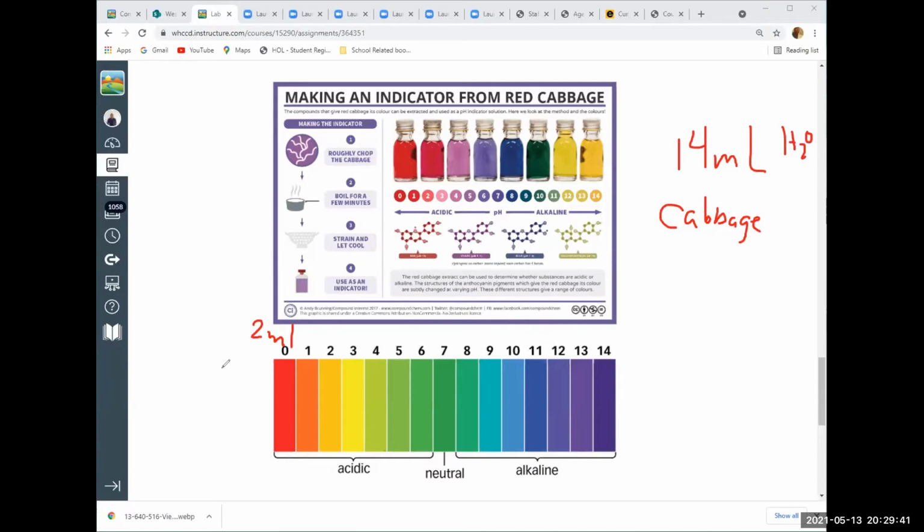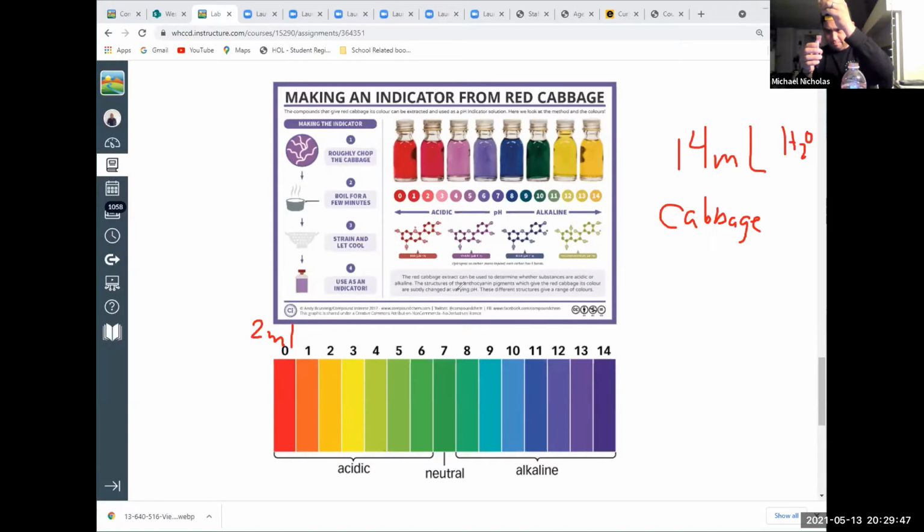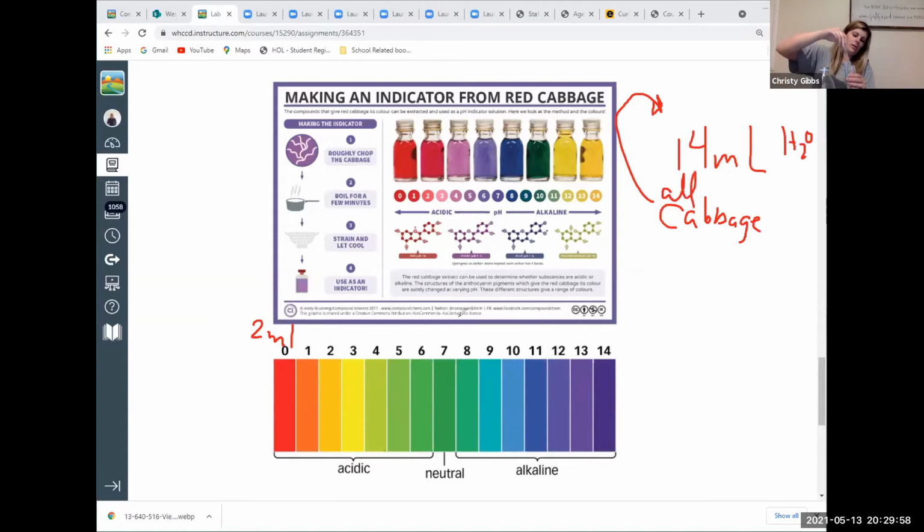Dr. Henry, do I put all of the red cabbage powder in the 14 milliliters of water or no? Yes. It stinks.